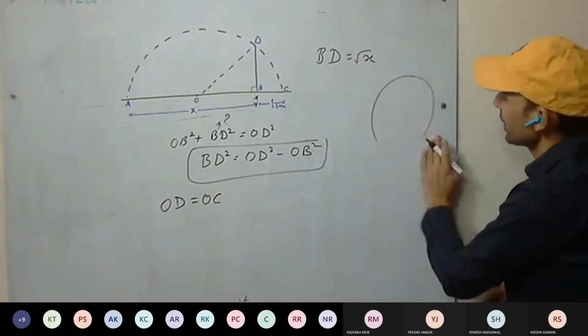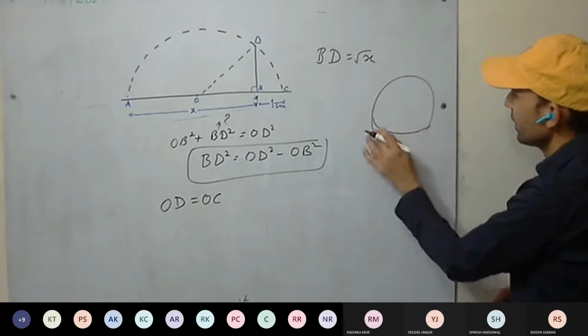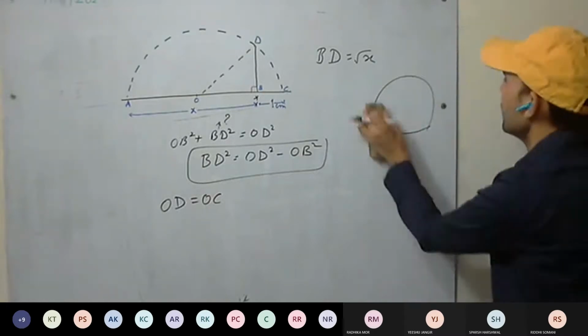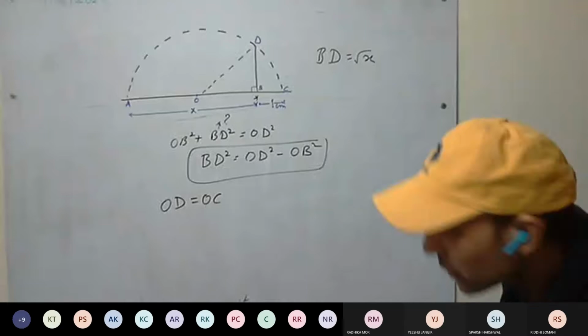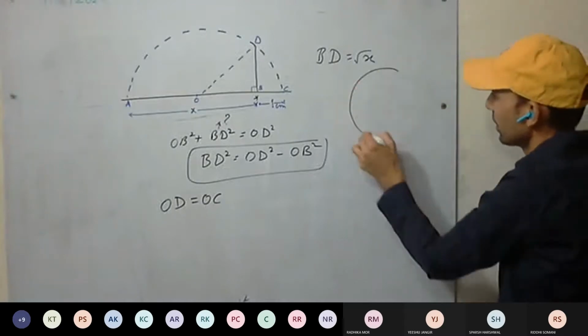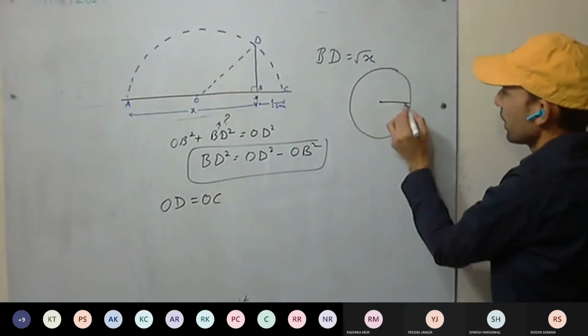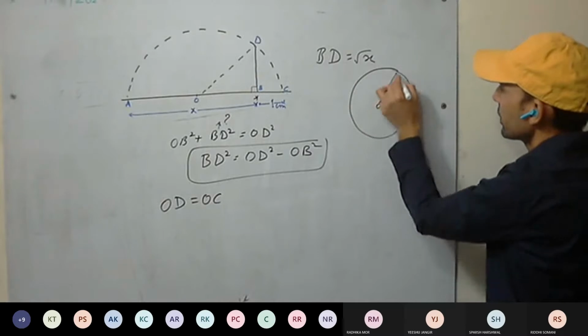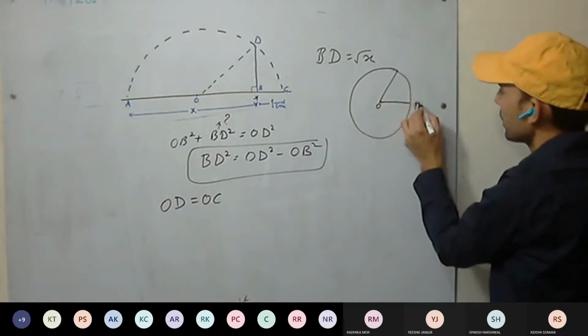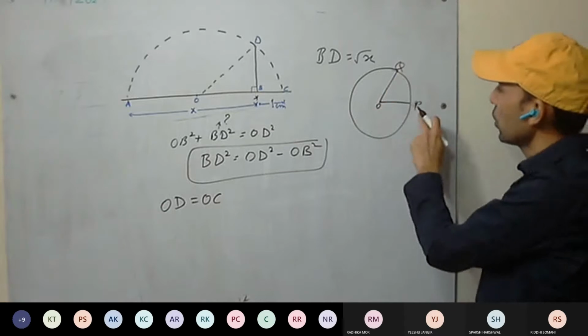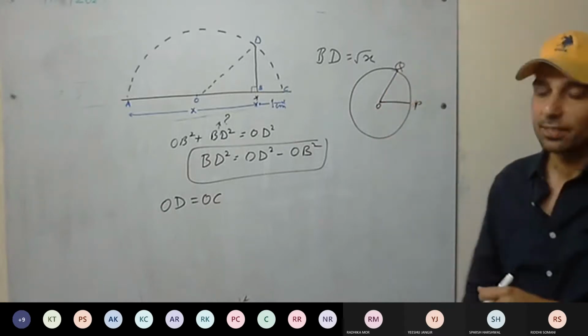If I draw a circle, this is OA, OP, this is OQ. OP equal to OQ. What is the reason?